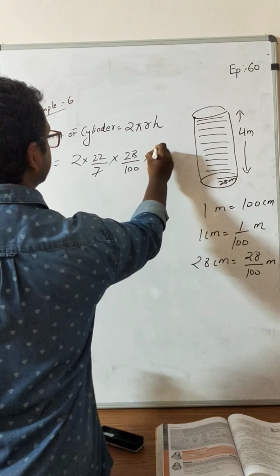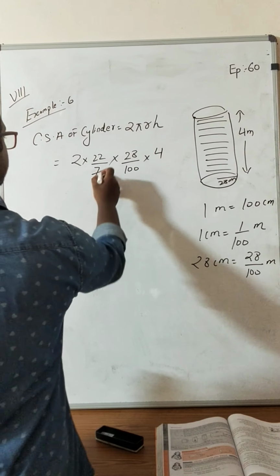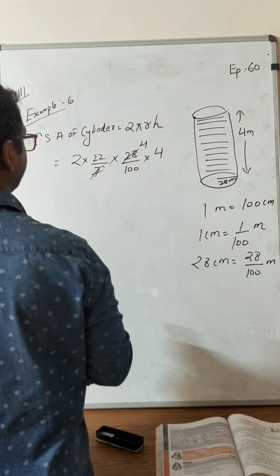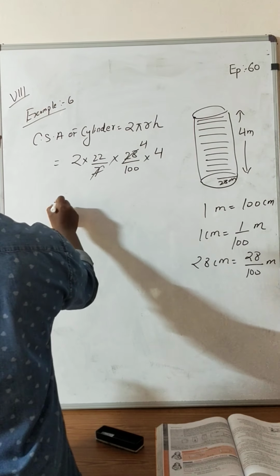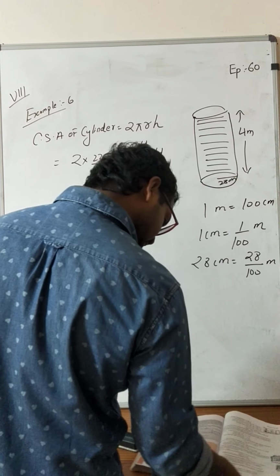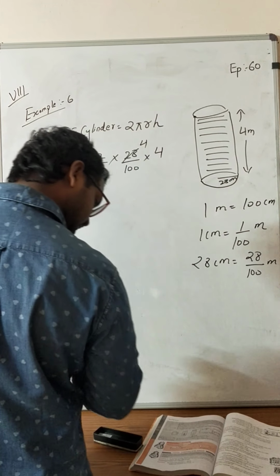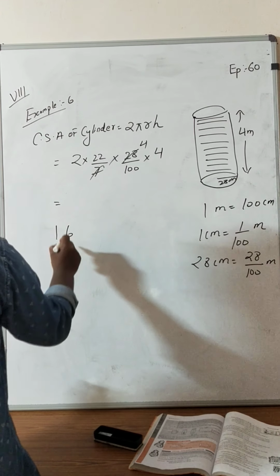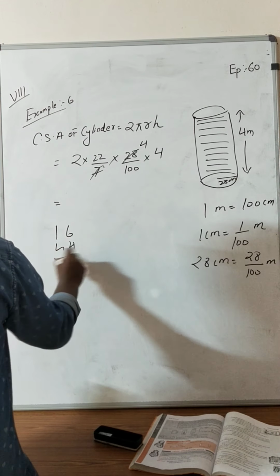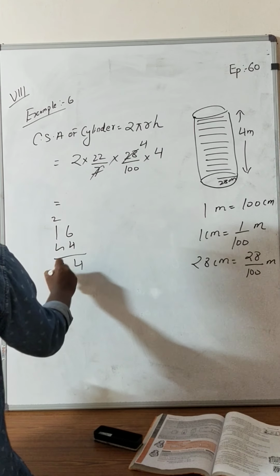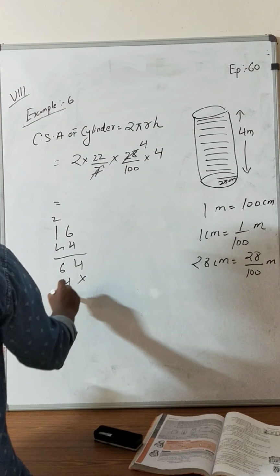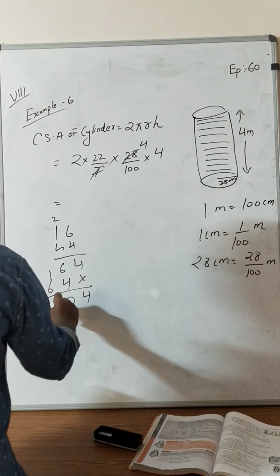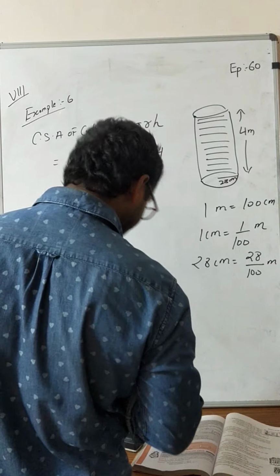Into height, which is how much? 4. Now let's solve. If you multiply all this, we will get 4 into 4 is 16, 22 into 4 is 44, 6 4s are 24, 4 into 4 is 56, 6 4s are 24, 4 4s are 56, and we are getting 704.